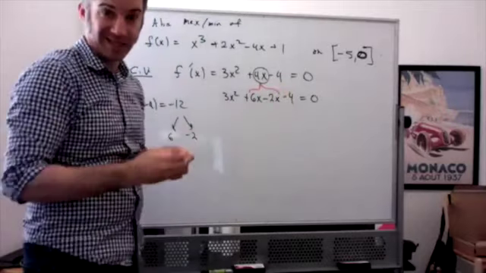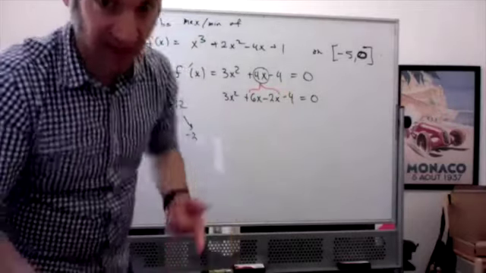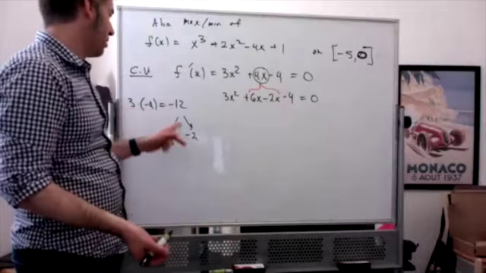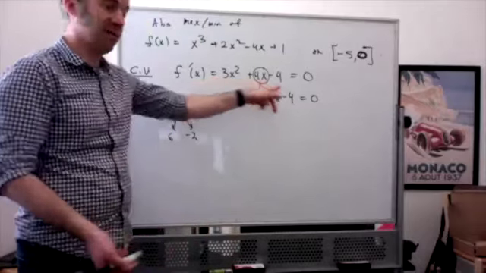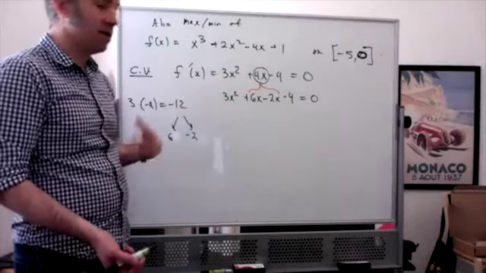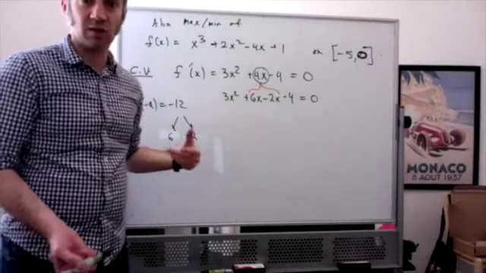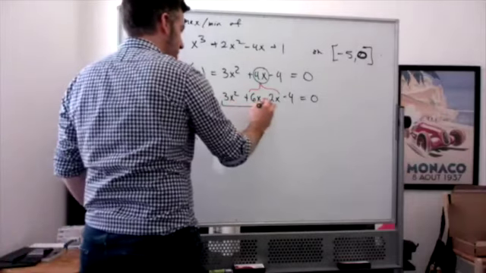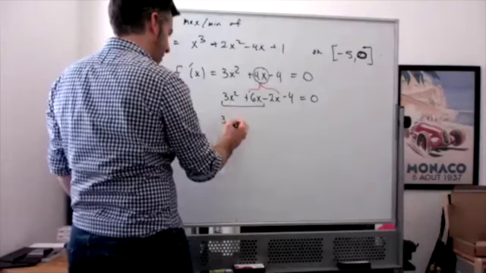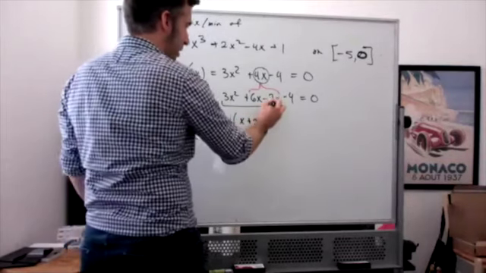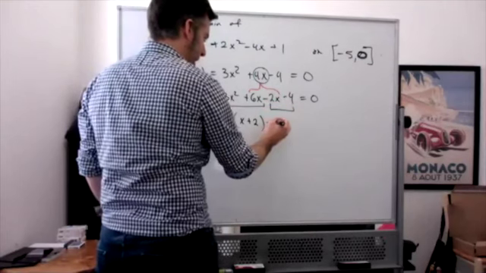Right? The 4x is the 6x minus 2x. And the idea is that if we found two numbers that multiplied to a times c and added up to b, then if we write it this way, we should be able to factor by grouping. From this first part, I can factor out a 3x. I'm left with an x plus 2. From this second part, I can factor out a -2.